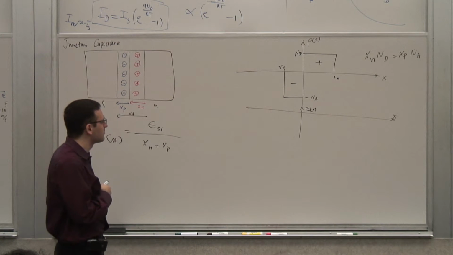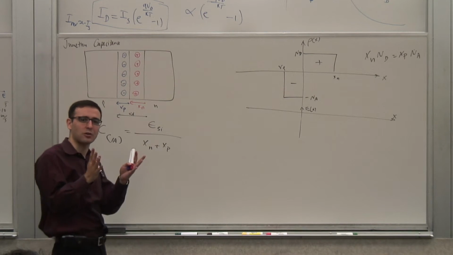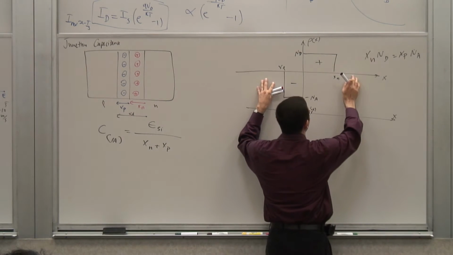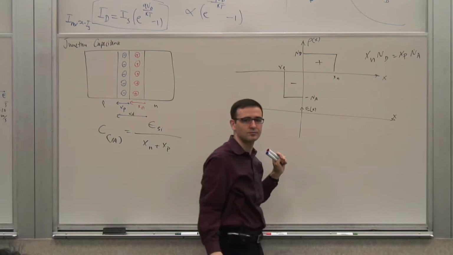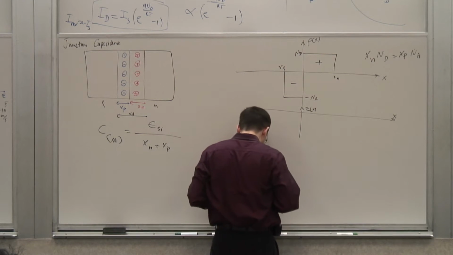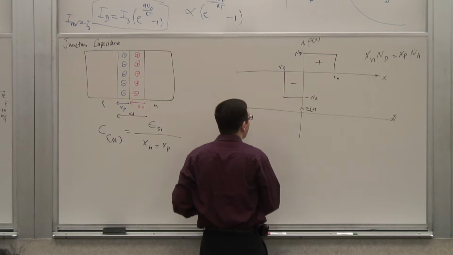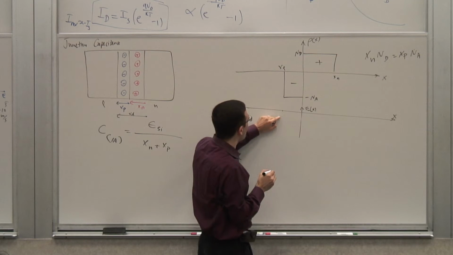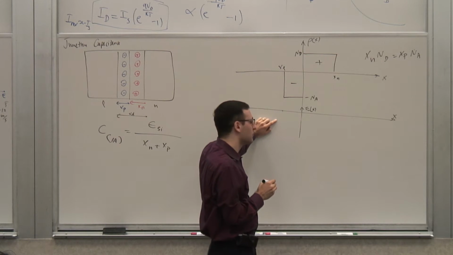So how does it behave? First of all, tell me what the electric field looks like. What is the electric field outside the depletion region, if my charge distribution looks like that? 0, right? So I start from 0, and then at this point something starts happening. And so how does it change? How does it behave? What will it look like?